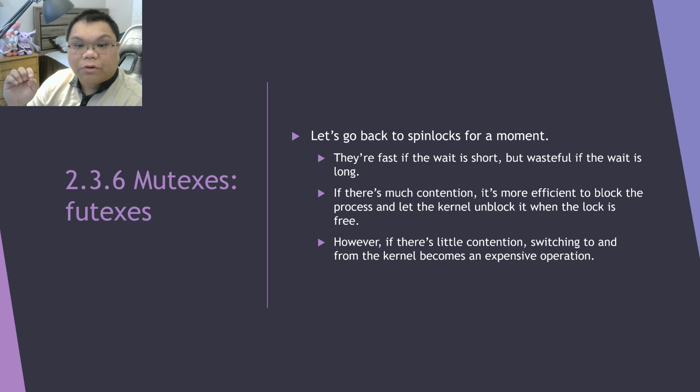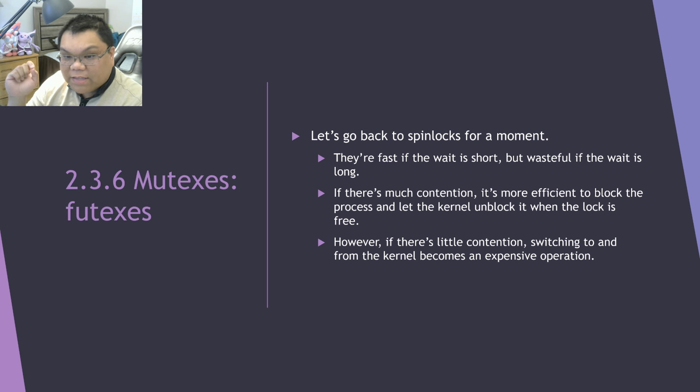If the wait is short, then there's really no harm to having a spin lock. However, if it's going to wait for a long time, then that process is going to do a lot of unproductive work. To prevent that, it's more efficient to have that process be blocked and then unblock it when the lock is free.